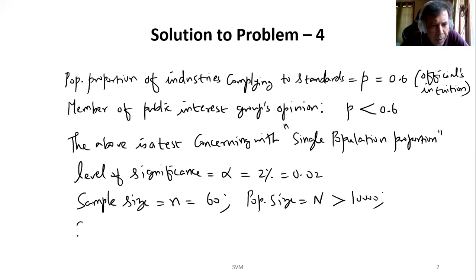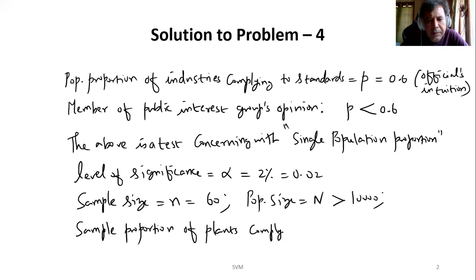So sample proportion of plants or industries complying with standards is 33 out of 60.